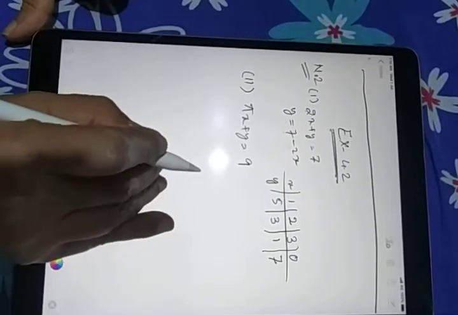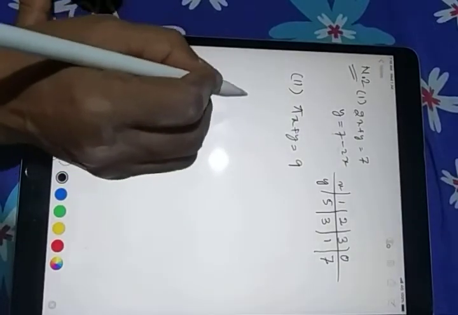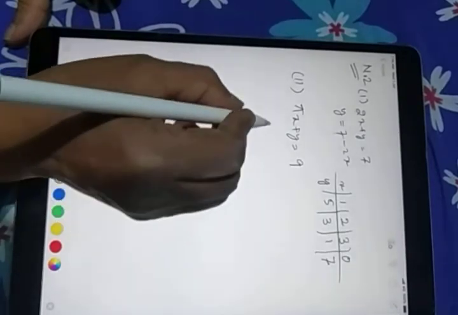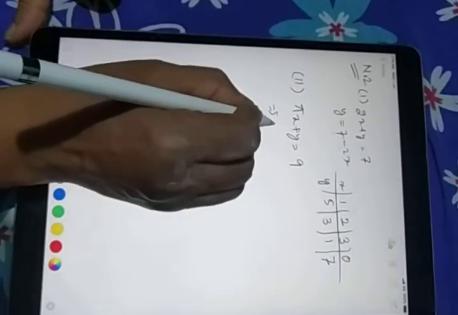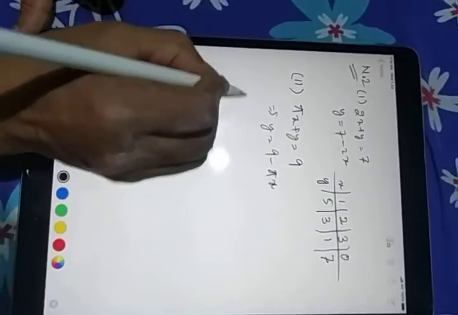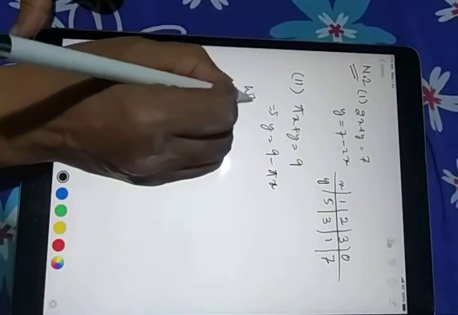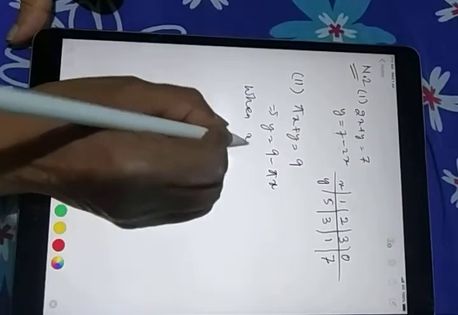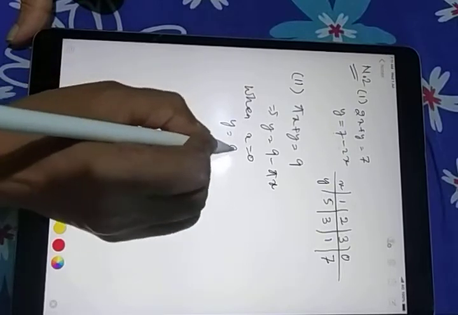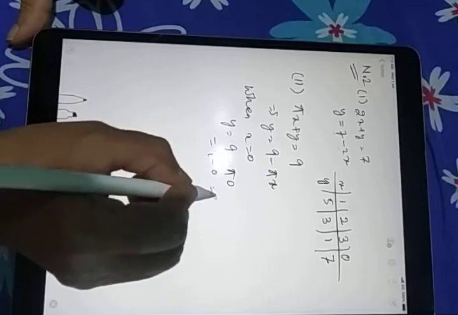Then suppose part 2. Part 2 is pi x plus y equal to 9. This implies that y equal to 9 minus pi x. Then for x equal to 0, 1, 2, 3, when x equal to 0, y will be equal to 9 minus pi into 0, equal to 9 minus 0, equal to 9.